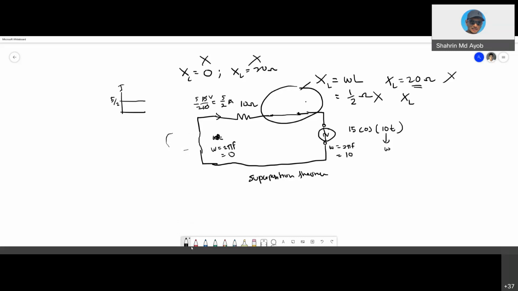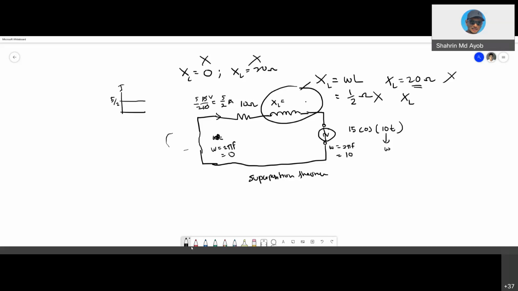Okay, so right now you need to turn back the inductor. The value of the inductor XL depends on the frequency. So right now you have a single AC source here. The DC voltage source is killed. So your inductor value depends on this omega.